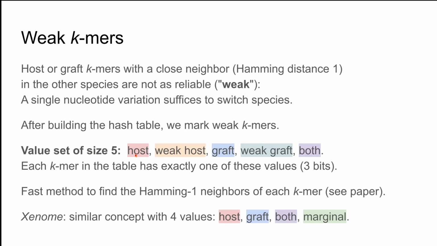So we have host k-mers, graft k-mers, and k-mers that appear in both. We also have weak host and weak graft. Of course, this requires finding all the Hamming distance 1 neighbors of each k-mer in our table. And in the paper, we describe a fast method to mark the k-mers as weak.